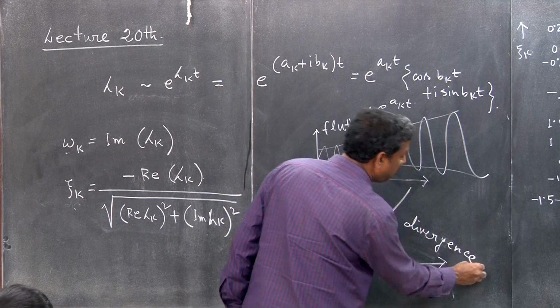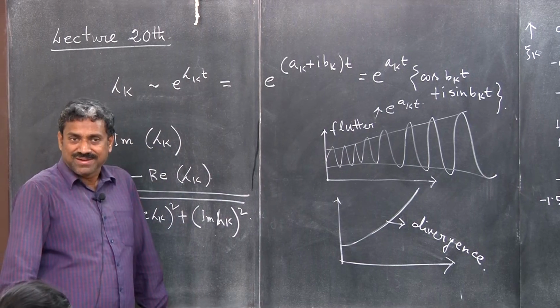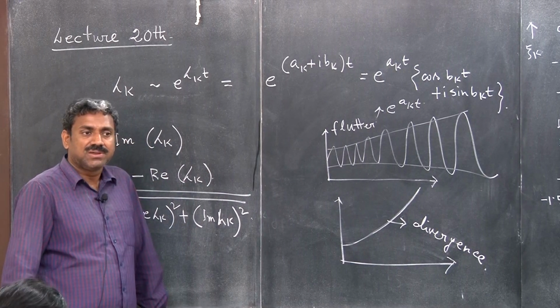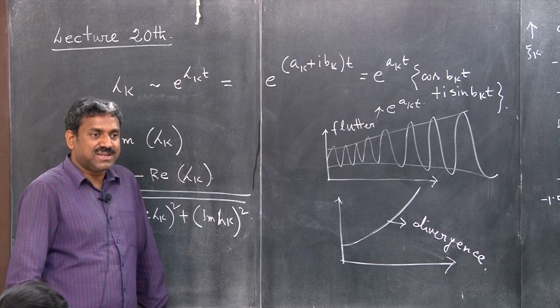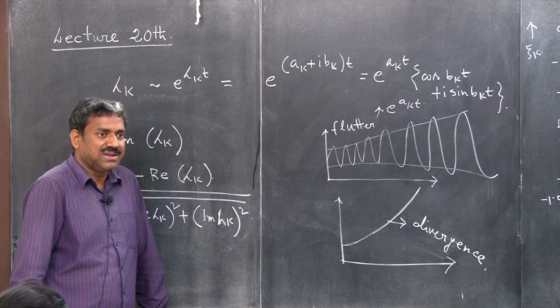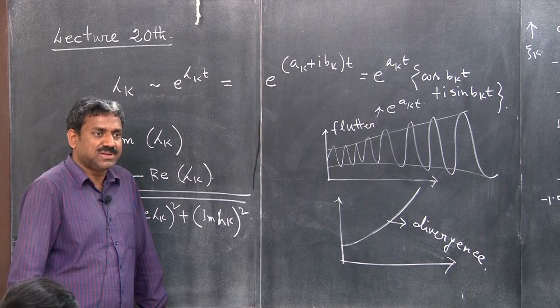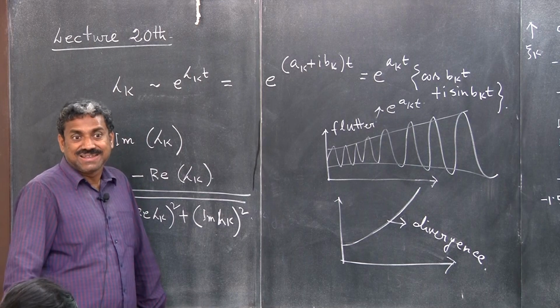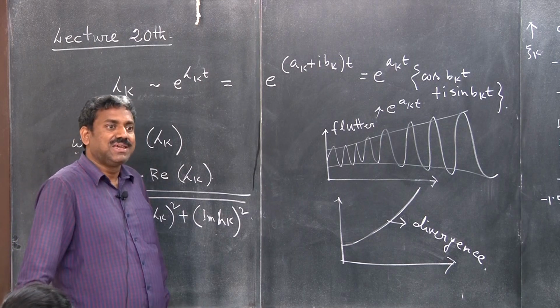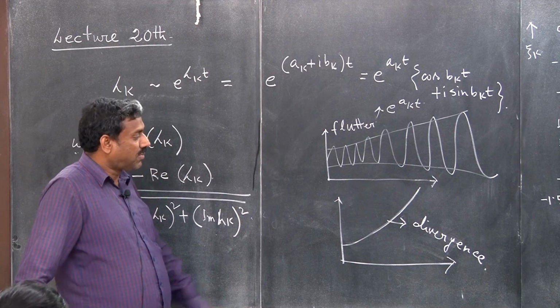Now, you have also learned about divergence, where the frequency becomes 0, right? And that happens when the geometric stiffness matrix completely erodes the stiffness matrix which is coming from the material, right? So, buckling, that is a static instability, is also manifested dynamically in the form of divergence.